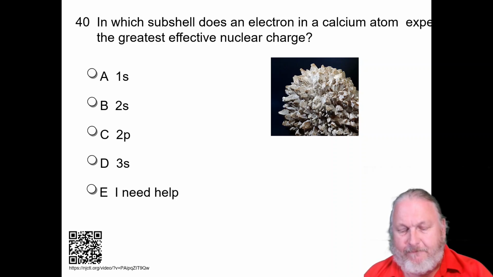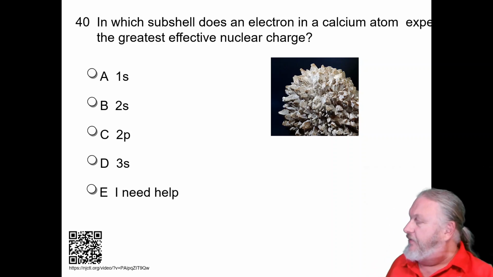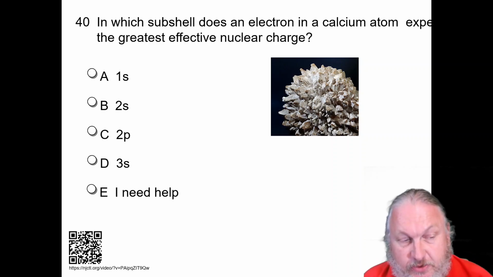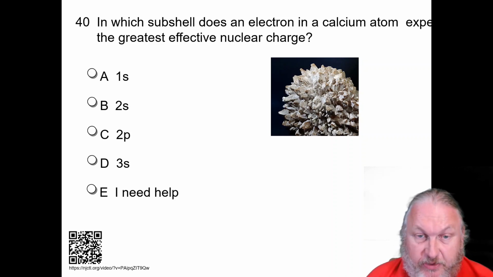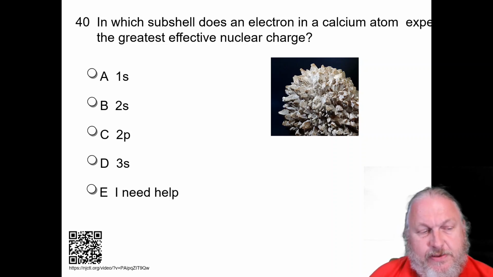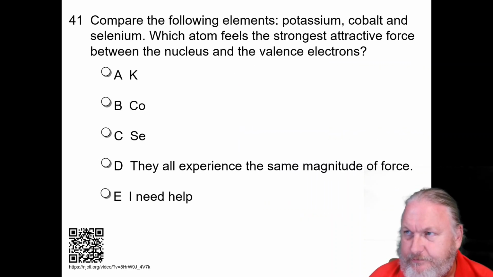It's going to be the electrons closest to the nucleus. Even though they're shielding electrons, that would have to be the 1s electrons, because there's nothing shielding them. So it's going to feel more of that effect. So that's going to be A, 1s.